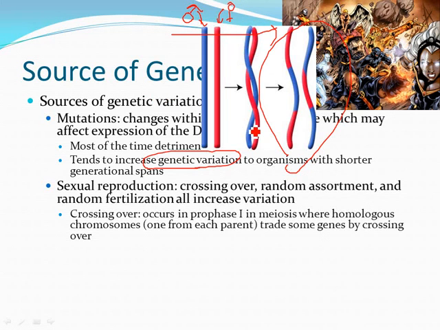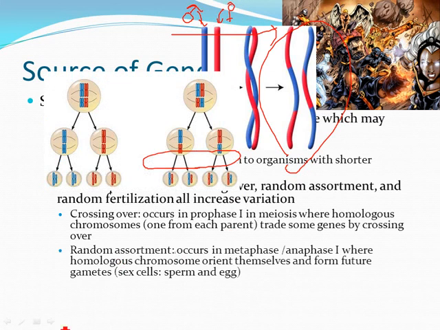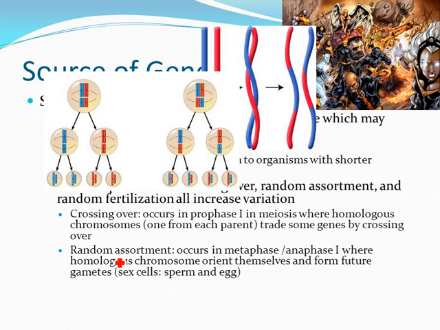Random assortment also occurs, and this happens in metaphase 1 or anaphase 1, one or the other. And this is when they actually line up in the middle here. And you'll notice how when this lines up here, they get assorted. So on this particular eventual sperm or egg, this ended up getting carried over to this cell here, which ends up dividing to form these particular gametes.